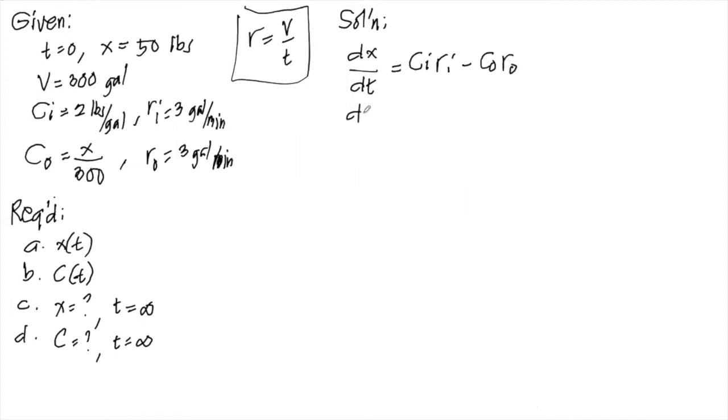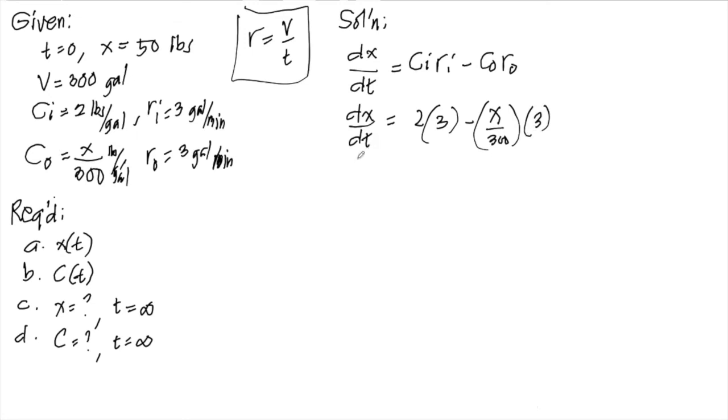Okay, so dx over dt is equal to, check the units kung okay naman, pasok ang pounds per gallon ito. Consistent naman tayo sa units. So c sub i is 2, r sub i is 3, minus c sub o is x over 300 multiplied to r sub o, which is 3.